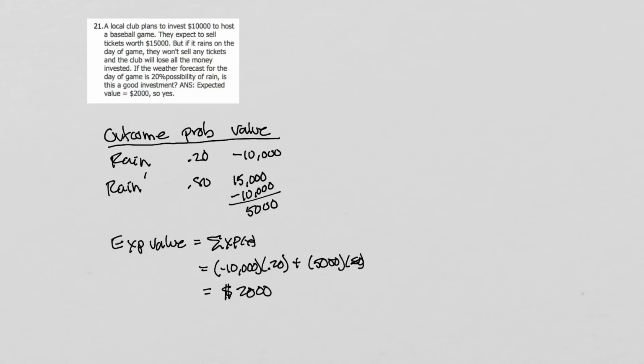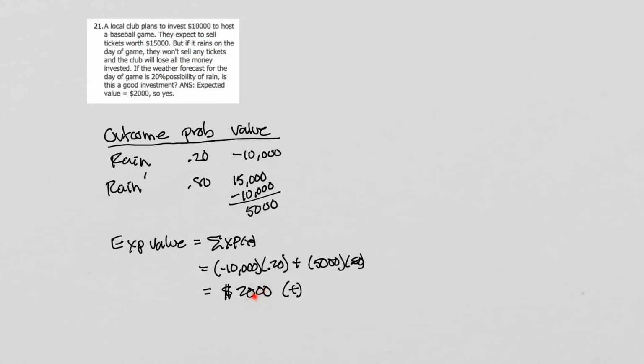So, since the 2,000 is positive, right, that's a positive number, this is a good investment, right? That's what we're trying to do, is this a good investment? Because it's a positive expected value, we'd say it is a good investment. But here's the meaning of this $2,000.